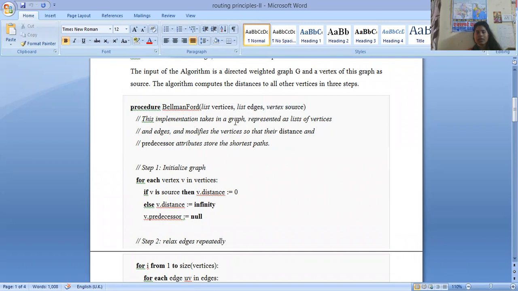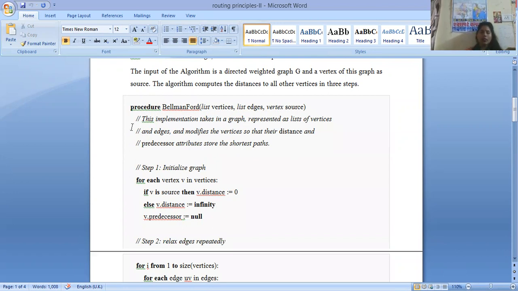This implementation takes in a graph represented as a list of vertices and edges, and modifies the vertices so that their distance and predecessor attributes are stored.